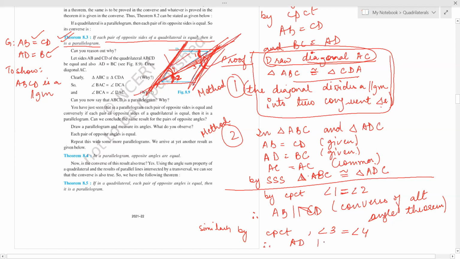So therefore, AD is parallel to BC. Now this side is parallel to this and this side is parallel to this.